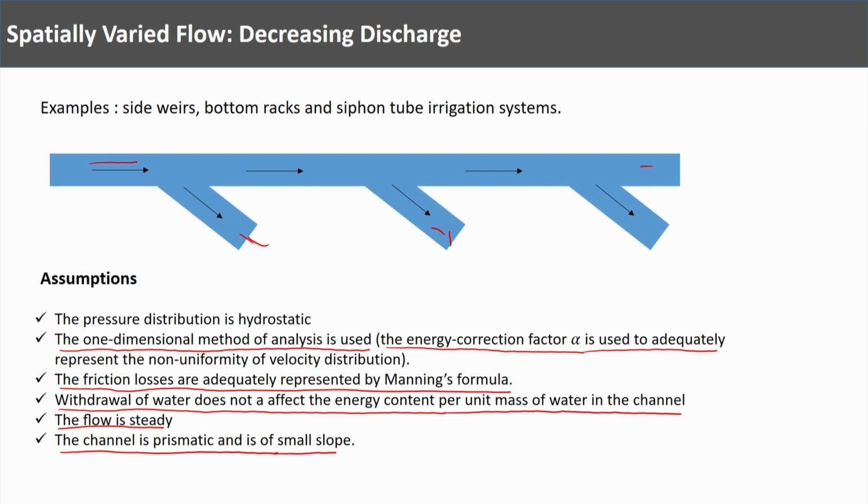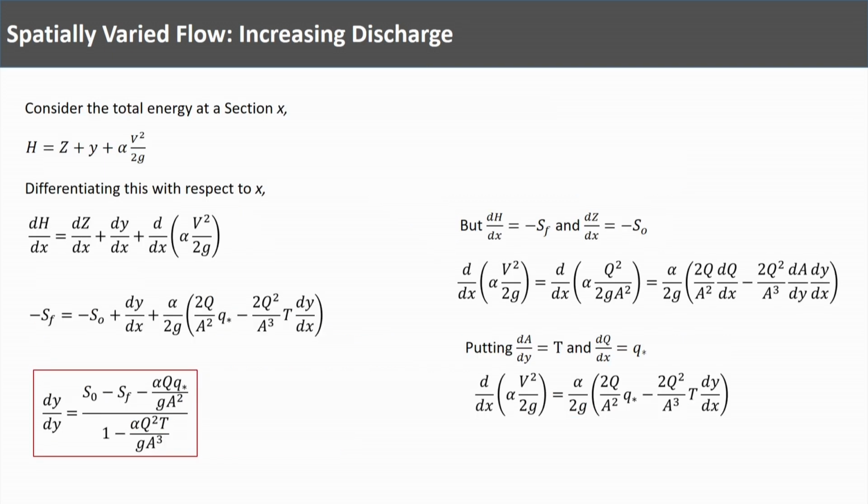So, S naught is very small. With this assumption, let us write the energy equation. Suppose at any section, the total energy H equals z plus y plus alpha v square by 2g, where z is the datum head, y is the pressure head, and alpha v square by 2g is the kinetic energy.